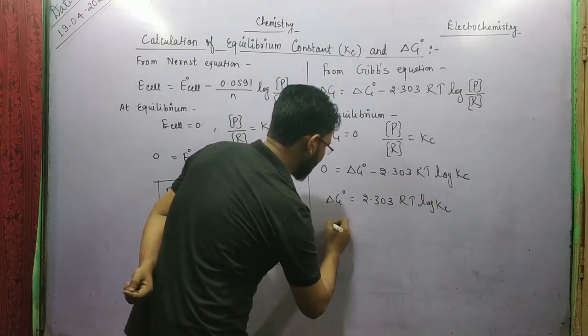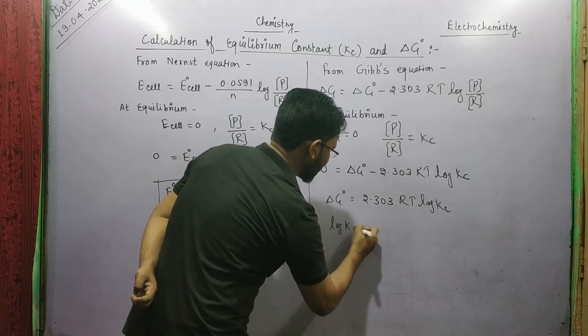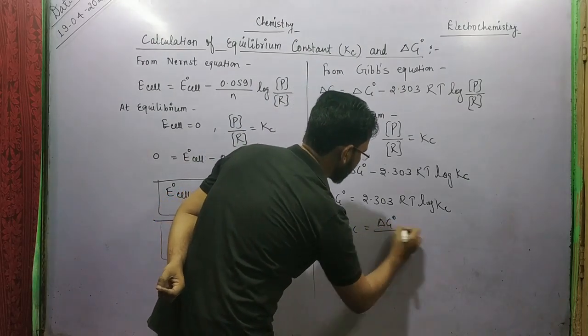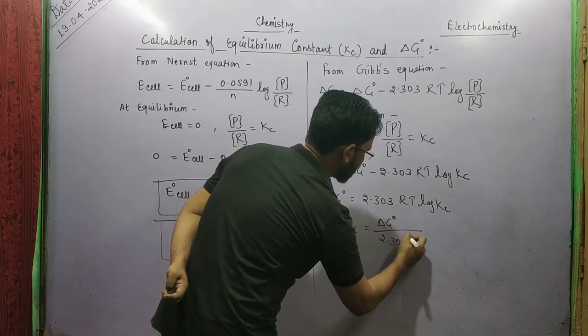Or here we can calculate the value of log Kc. Log Kc equals delta G naught over 2.303 RT.